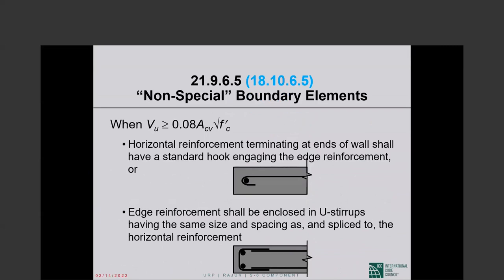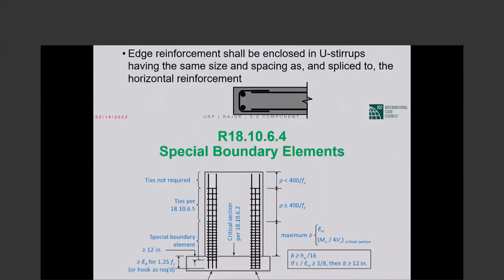So if shear is below 1 square root, you don't have to worry too much about anchorage. But if it is more than 1 square root, then you have to anchor the shear reinforcement in one of two ways. You will hook around a vertical bar, or you will install a U-stirrup around the vertical bars and then lap the shear bars with the U-stirrups. One way or the other, but you will have to anchor the horizontal shear reinforcement as long as the shear is larger than 1 square root of f sub c prime.